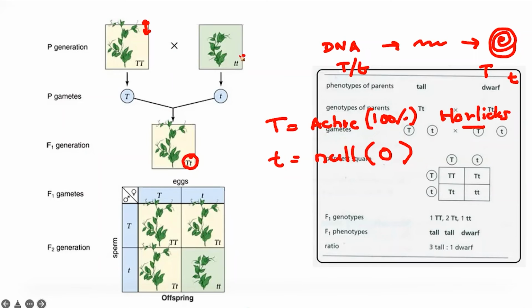However, the moment you get two alleles which are not functional, you will not get a plant which is higher than a certain level. So if, let us say, call this 6 feet, this is 4 feet. So you either get 4 feet or you get 6 feet. Even if you have a single functional allele, you get 6 feet.